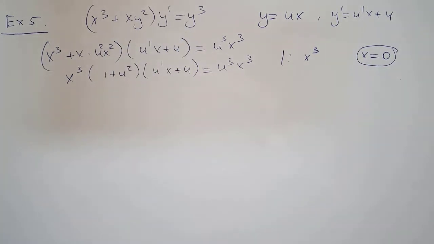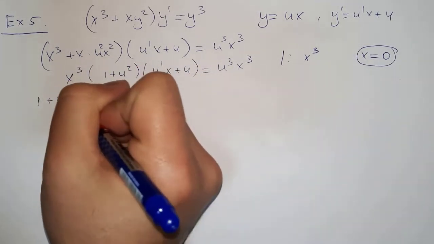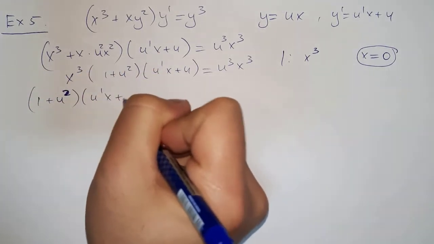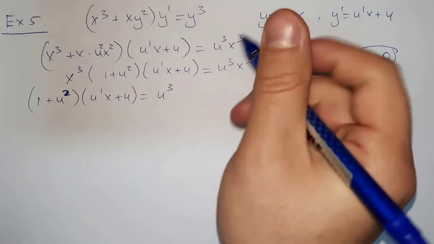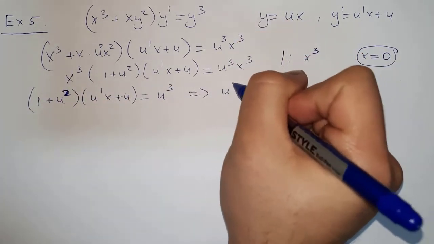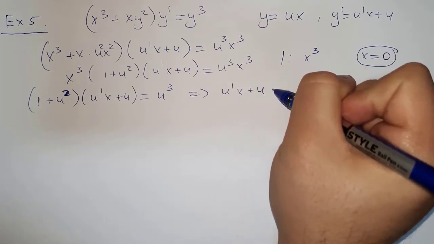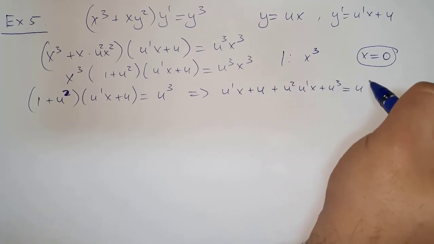So, and now what we'll get after dividing, we have just 1 plus u squared here, times u prime x plus u, equals u cubed. Okay, so if you open brackets, we have u prime x plus u plus u squared u prime x plus u cubed is u cubed.